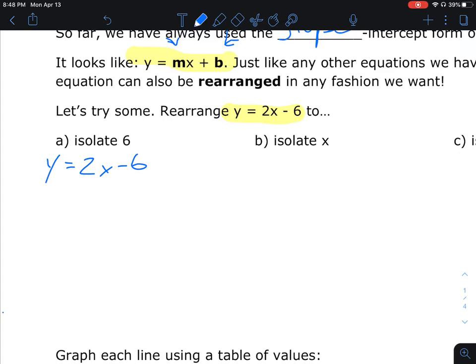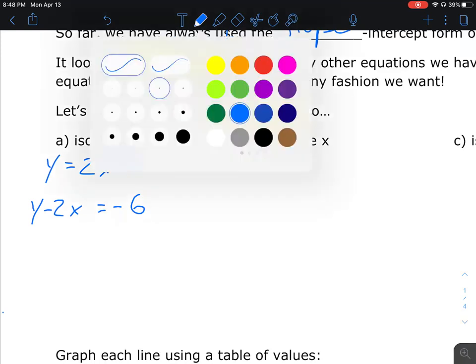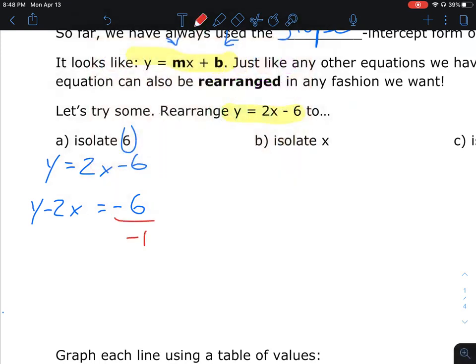I'm going to bring that over, so it'll be y minus 2x equals negative 6. Well, I don't want negative 6, I actually just want positive 6. So everything is going to be divided by a factor of negative 1, or multiplied by a factor of negative 1. However you want to do it, it's the same thing. So then I would have negative y plus 2x is equal to positive 6.